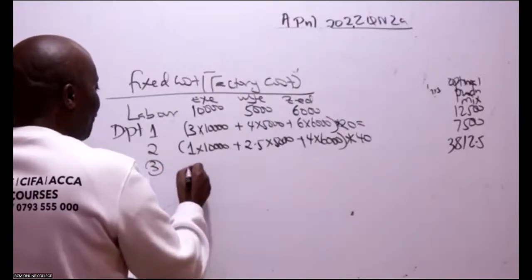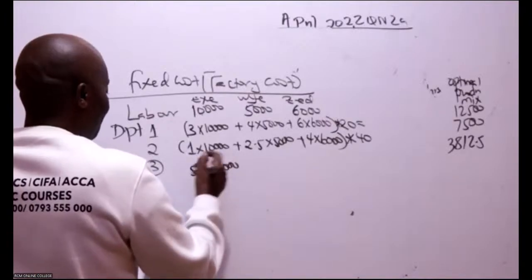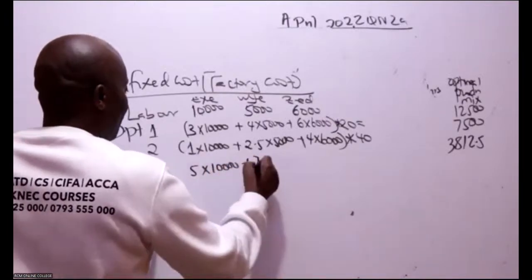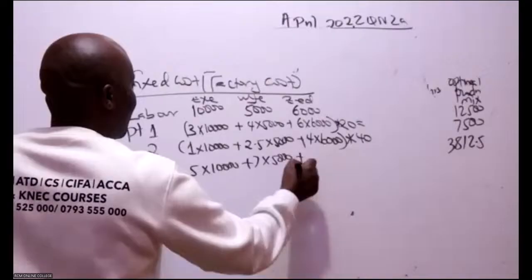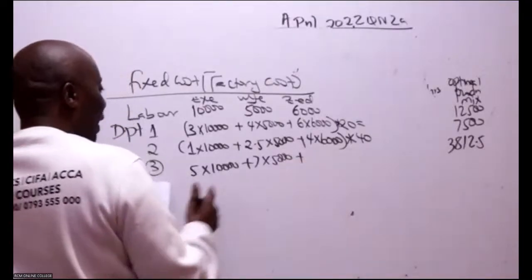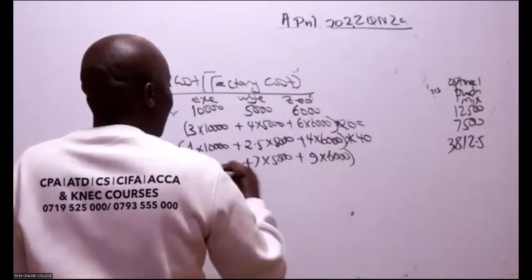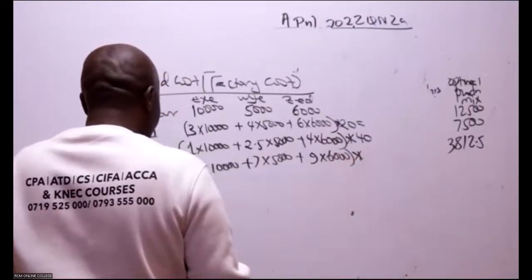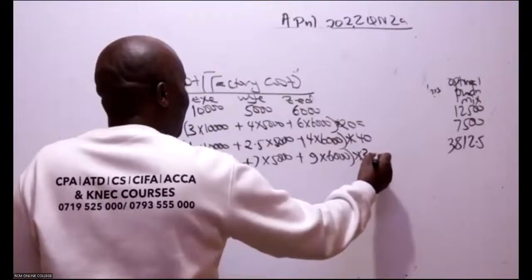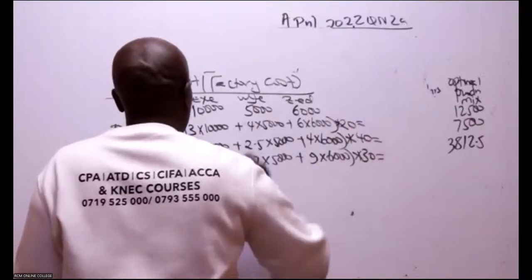I can see 5 times 10,000. Then we have a plus 7 times 5,000. Plus, in this case here, 9 times 6,000. Whatever we get, we shall be able to multiply these by the rate in department 3. Please write this and then give me these answers.